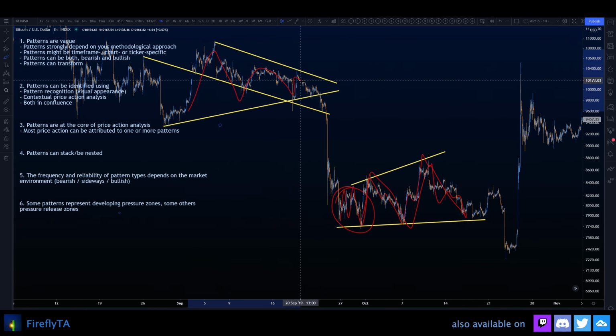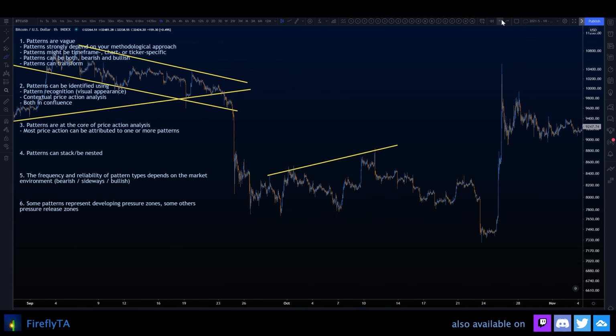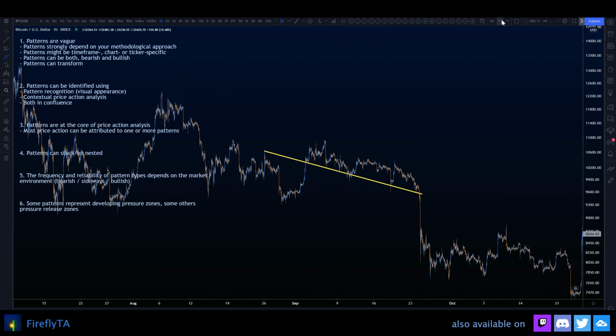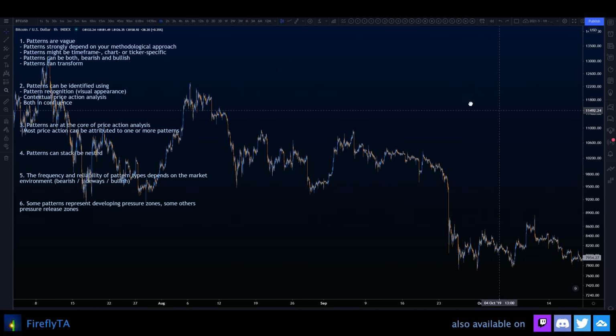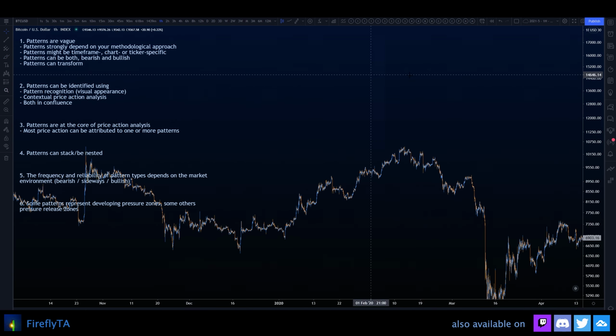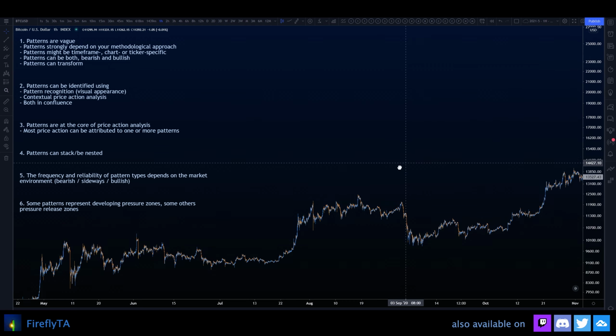It's being generated towards the peak of this structure. And then when price breaks out of the pattern, this pressure is released and we see volatility and strong moves. This is something that we have to keep in mind as well, because it plays a huge role in analyzing patterns and the situation in contextual price action analysis.